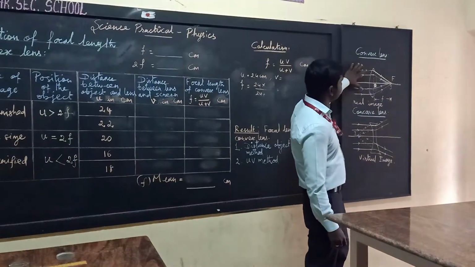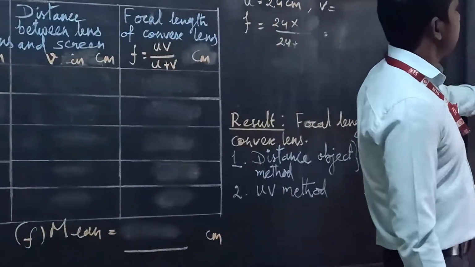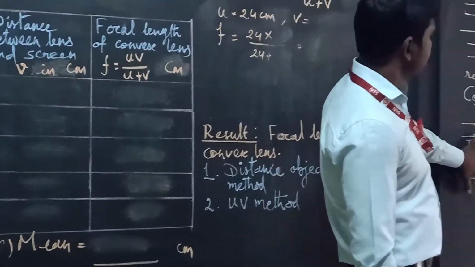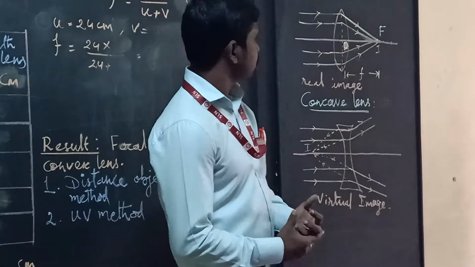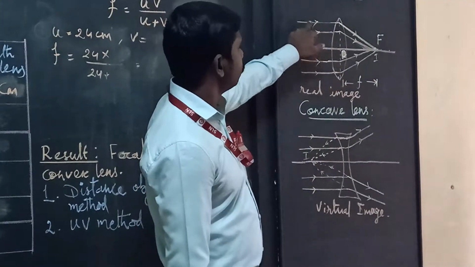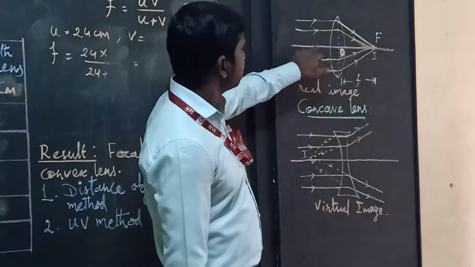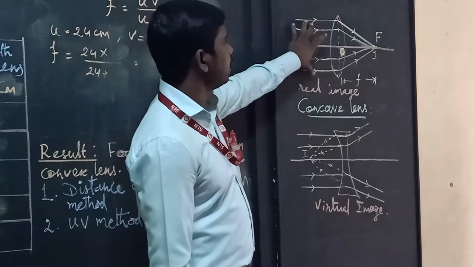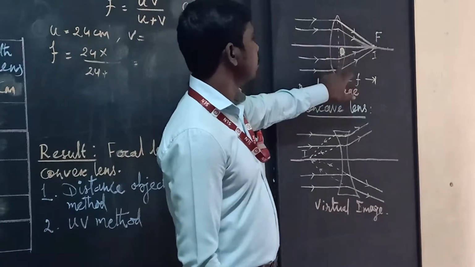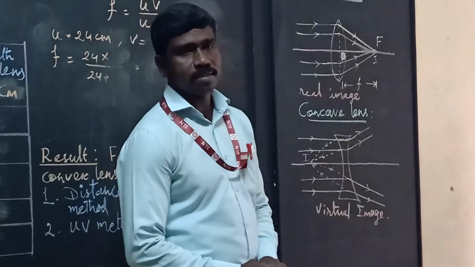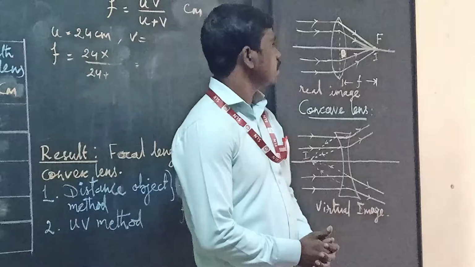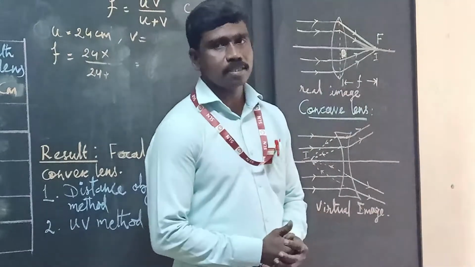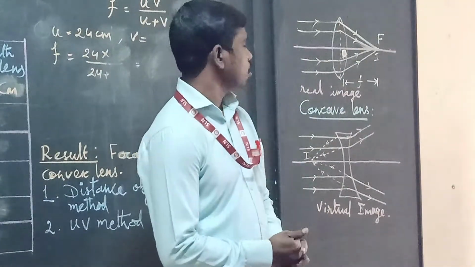This figure represents a convex lens and the second figure represents a concave lens. In the convex lens, the yellow lines represent a number of light rays incident on the surface of the convex lens. After incidence, all the light rays converge at one point, which is called the focus point.